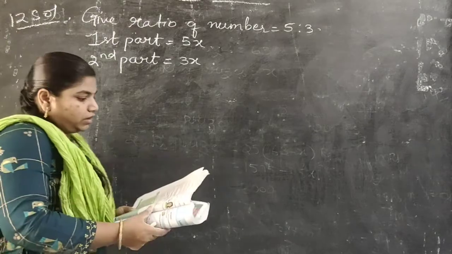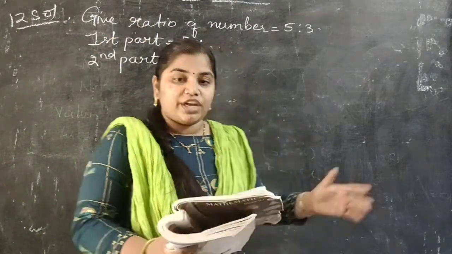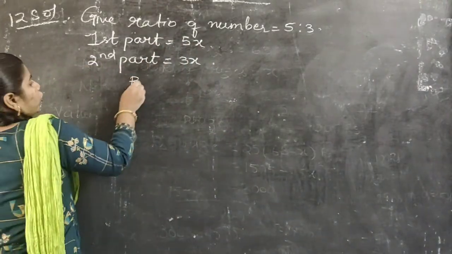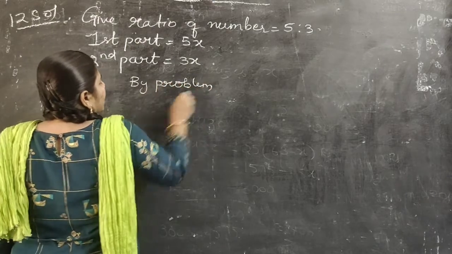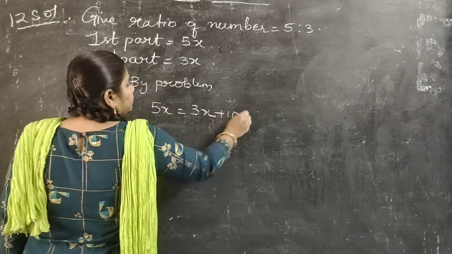Now what have they given? A number is divided into two parts such that one part is 10 more than the other. So by the problem you can write it as one part is 10 more than the other.